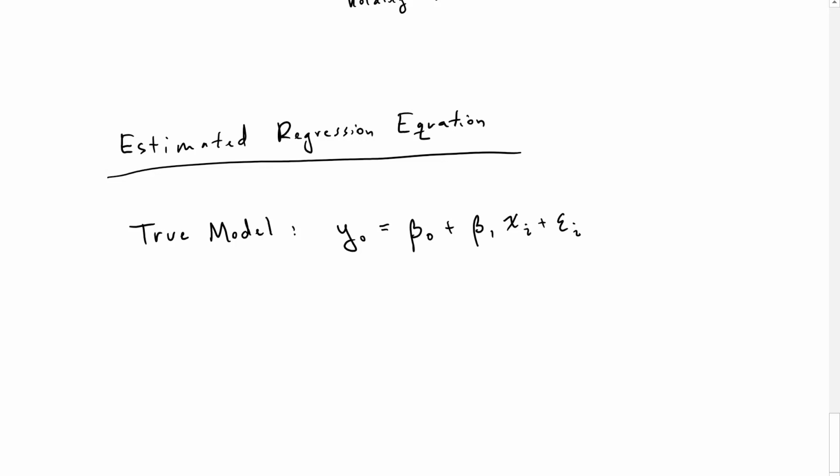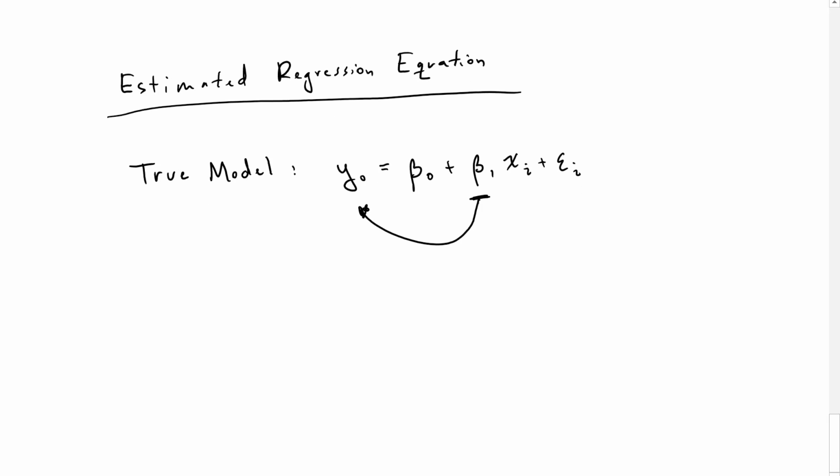If this was health insurance, beta 1 would be the true effect of health insurance on health, and everything else would be captured in the error term.